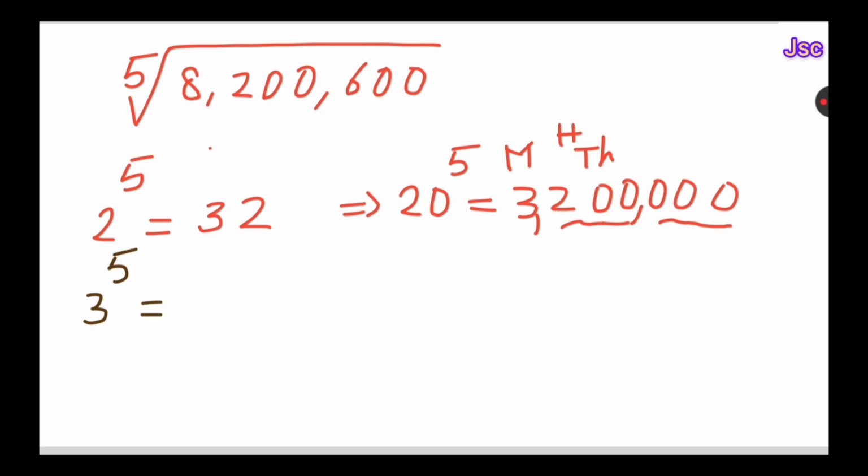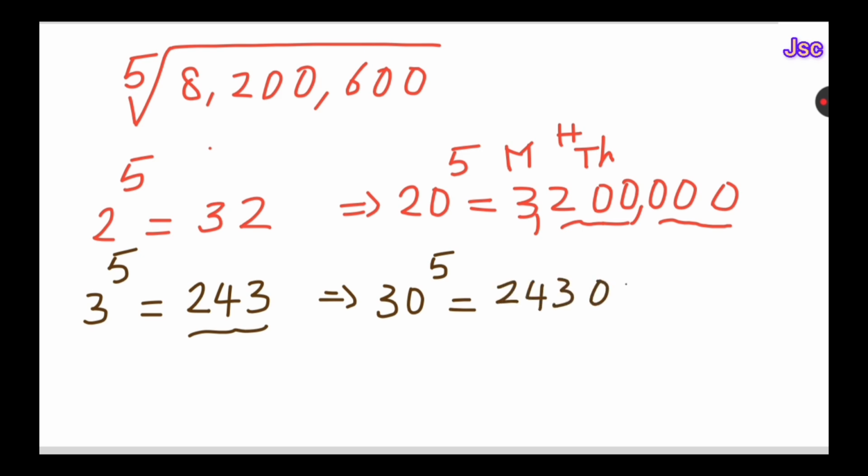Suppose you take 3 raised to the power of 5. What is the value of 3 to the power of 5? It is 243. If you take 30 raised to the power of 5, just write 243 and add 5 zeros. 1, 2, 3, 4, 5. So this is 24,300,000, isn't it?